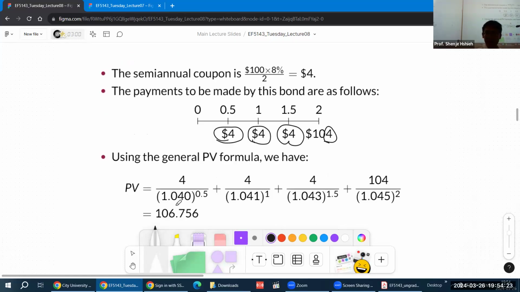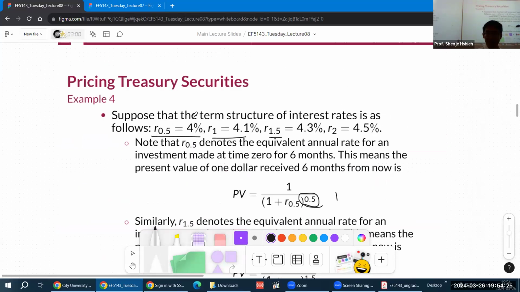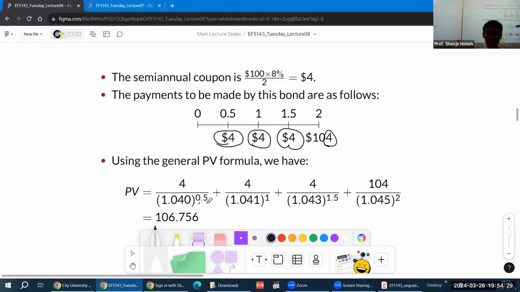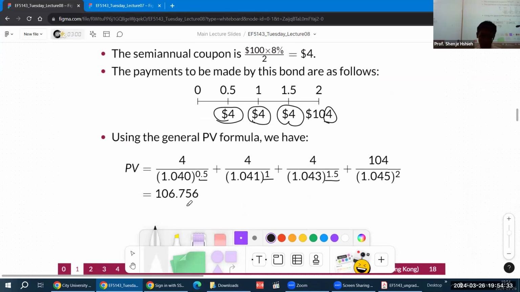And we're going to discount based on these annualized numbers, but they're taken to the half power, to the 1 power, to the 1.5 power, etc. Everything's in annual terms, I mean. So that's how you get the price for a treasury bond with semi-annual payments.